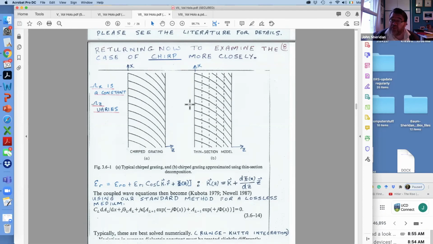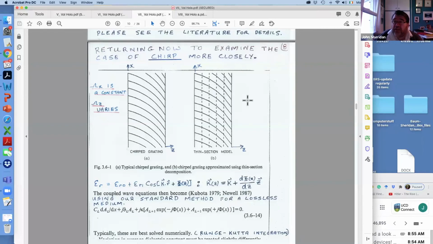If we have one beam here, we're going to have two beams coming into this structure, and we could have four beams coming out of this second layer, and it will multiply as we go forward because we've got different K vectors. So what we end up producing is a spectrum. The effect of non-uniformity is to produce this idea of a spectrum of K vectors.